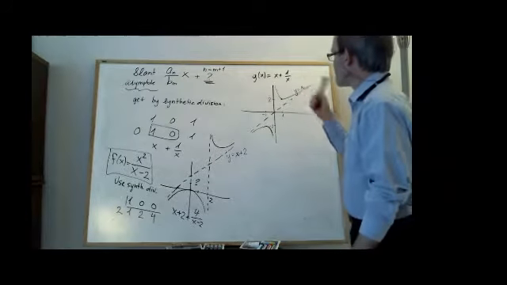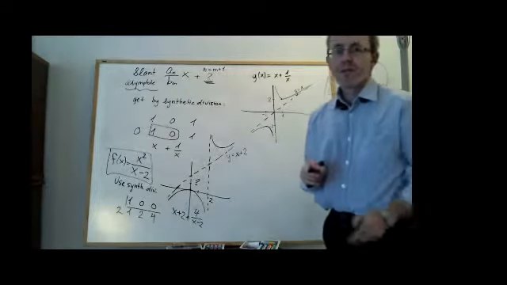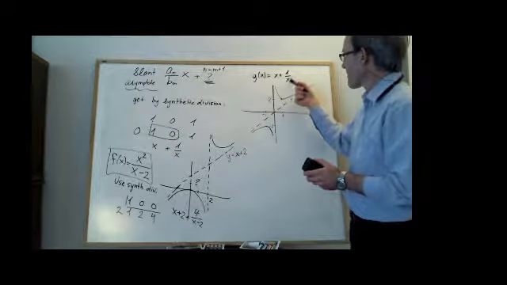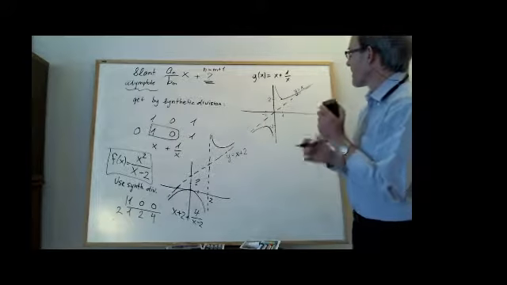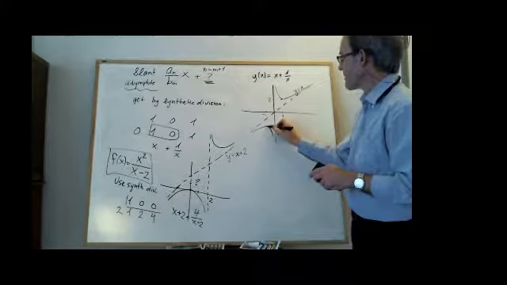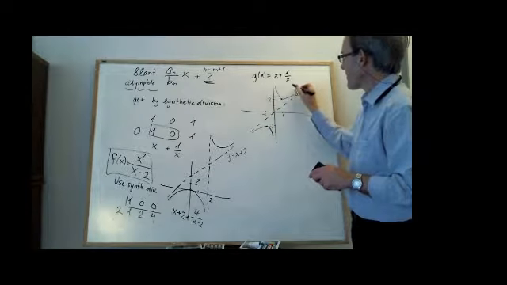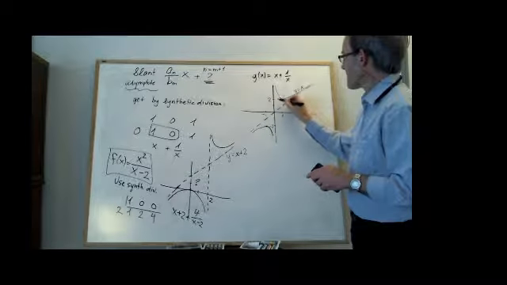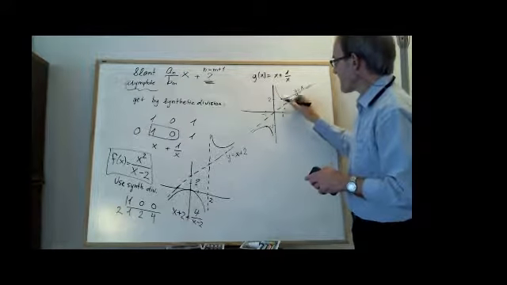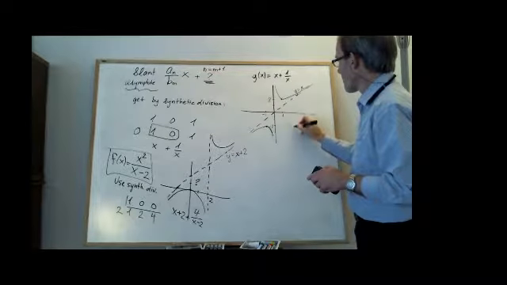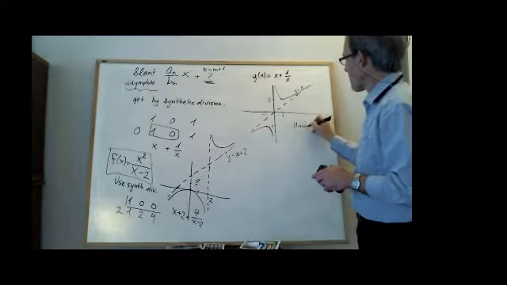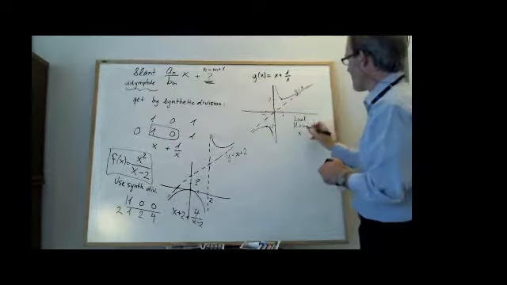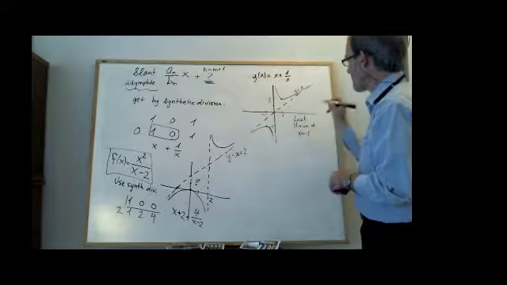And now, how do you know? One time last semester, a student asked me, is there a simple way of verifying that this has a minimum here and a maximum here? The location of the minimum is a local minimum at x equals 1.